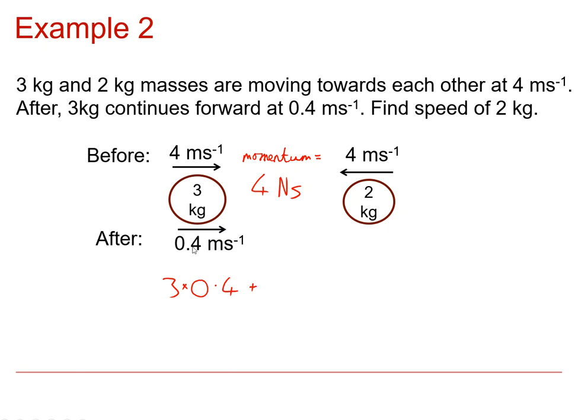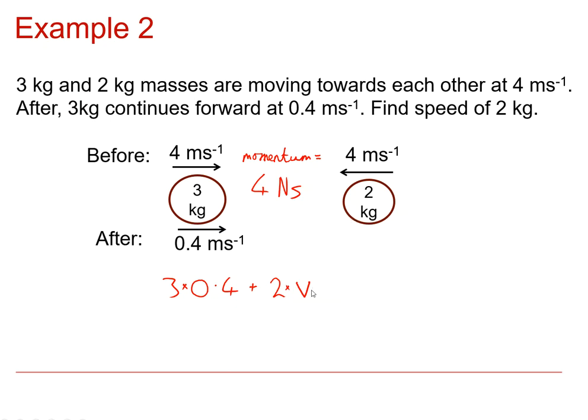Notice, by the way, that 0.4 is still in the positive direction, and then that is 2 times v, where v is this as yet unknown velocity of the 2 kilogram mass.